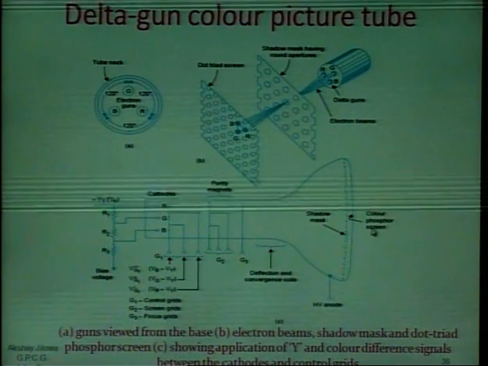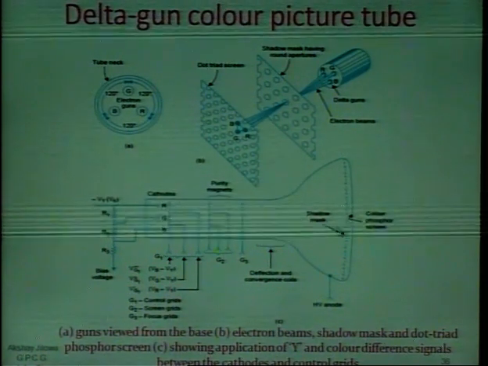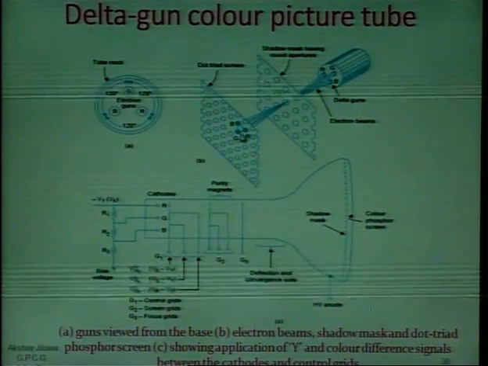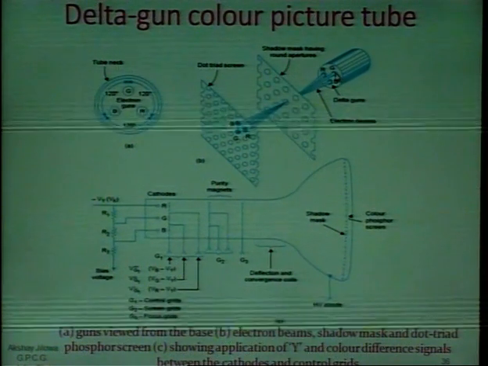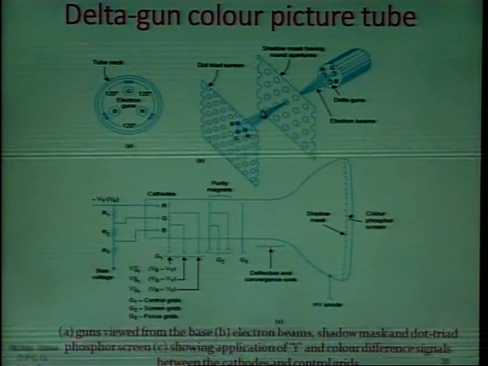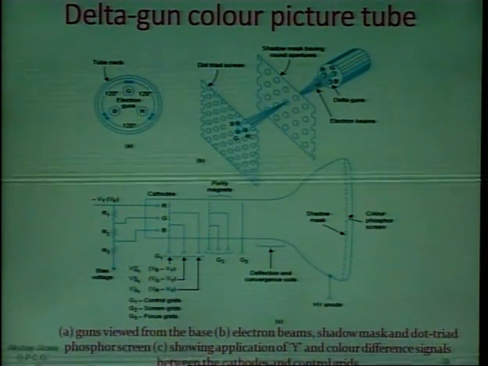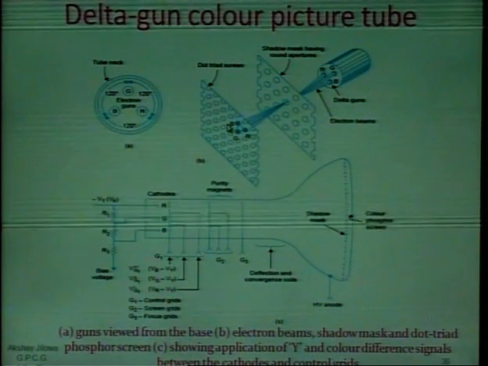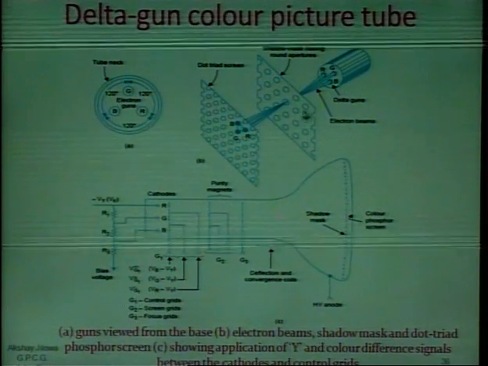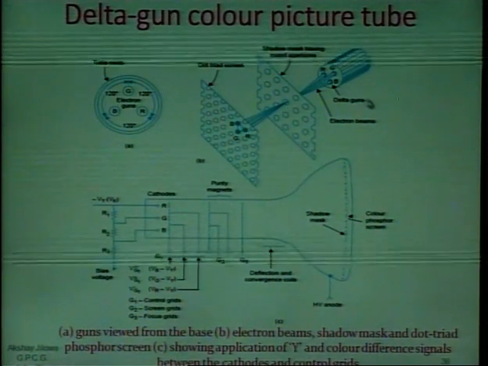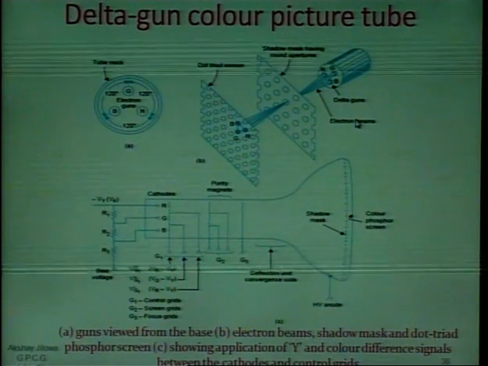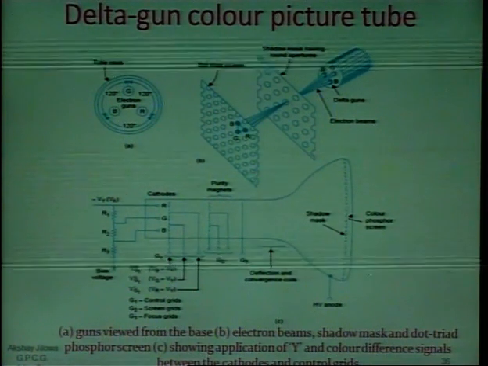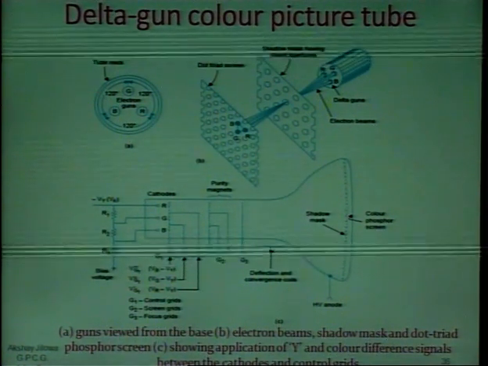The phosphor which is deposited on the screen is also of this form, green, blue and red, and as you can see from here, the electron beam emerging out of green will strike green only, coming out of red will strike red only, and coming out of blue will strike blue only. Before striking here they are made to pass through a shadow mask which allows the focusing and which ensures that a particular electron beam strikes the particular phosphor for which it is meant.